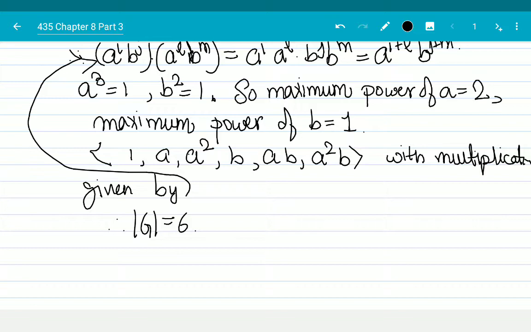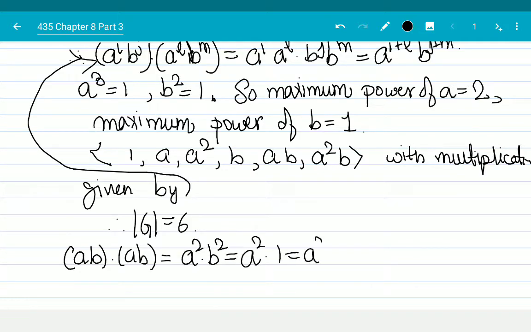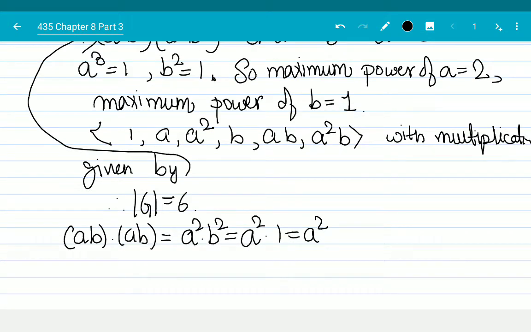What about AB? Well, AB times AB is equal to A squared B squared, which is equal to A squared times 1, which is A squared. AB cubed is equal to A cubed times B cubed. Now, A cubed is 1.